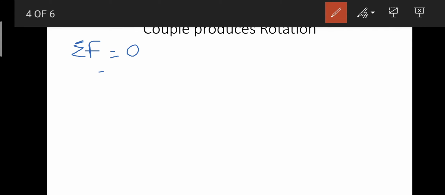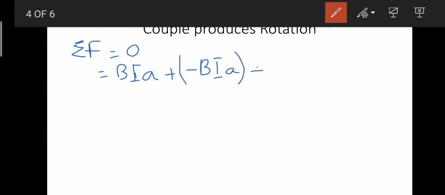For the first side, the magnitude was BIA, and for the third side, since we now have directions as well, we see that the directions of both are opposite to each other, so I'm going to put a negative sign with that, minus BIA. This is the value of F3.